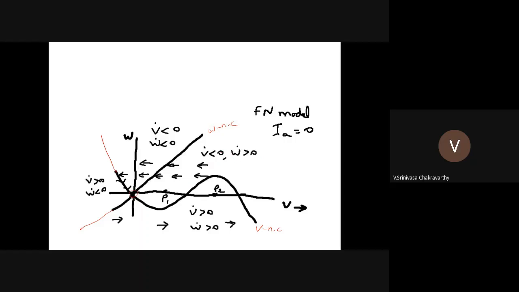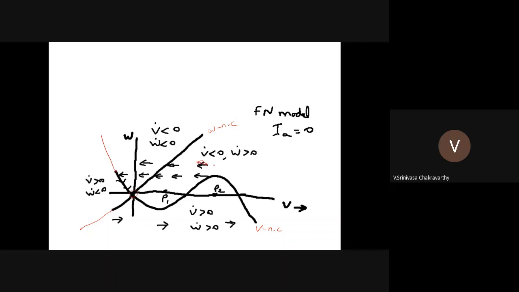So once you have this, you have roughly an idea of how the flow looks. In this part, v dot is negative, w dot is positive. So the flow is to the left and slightly upwards. Why is it slightly upwards? Because b and r are small numbers.